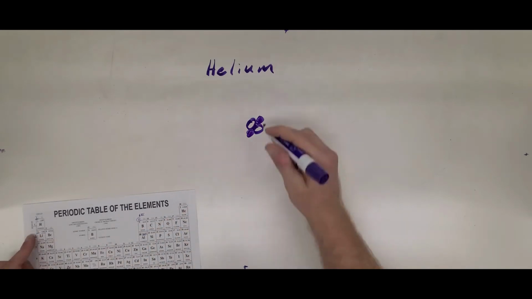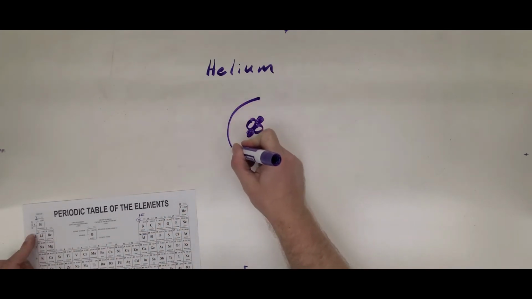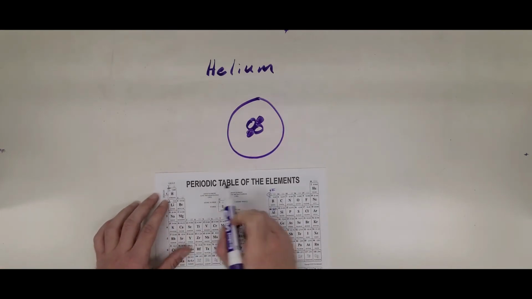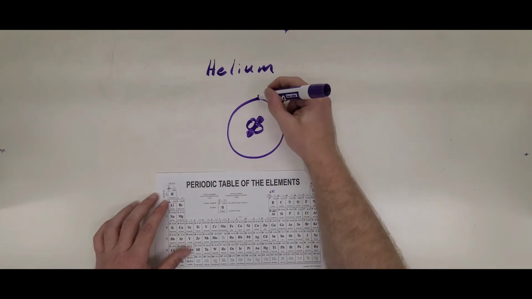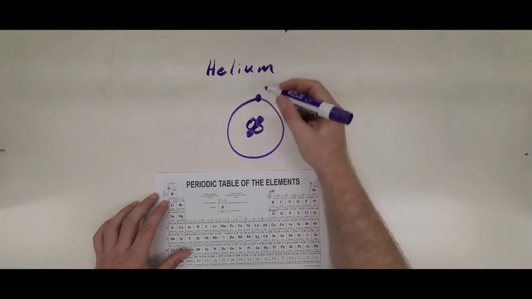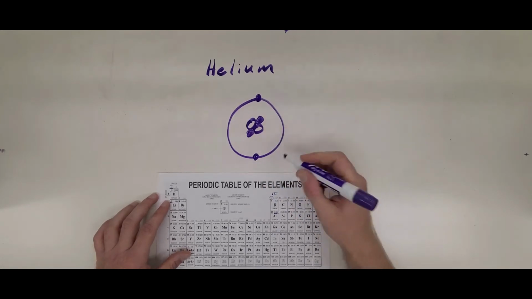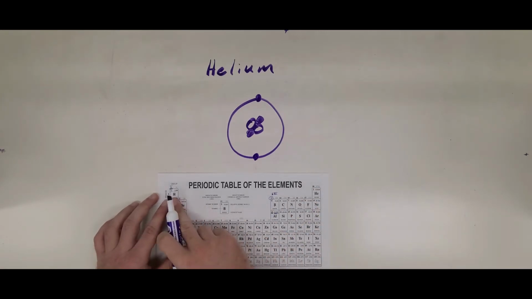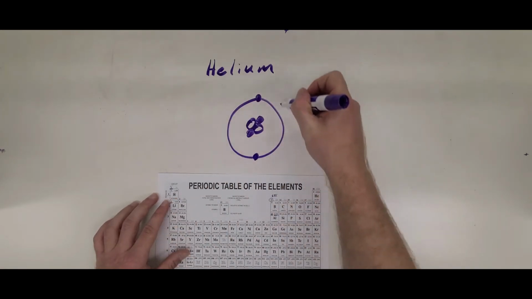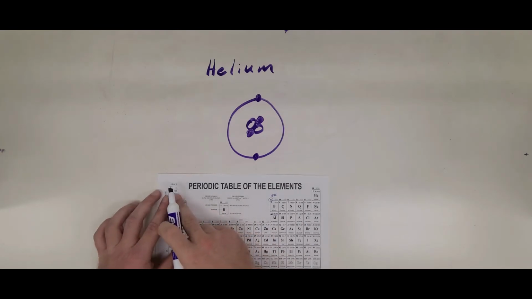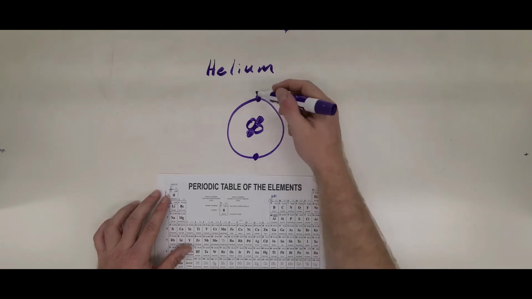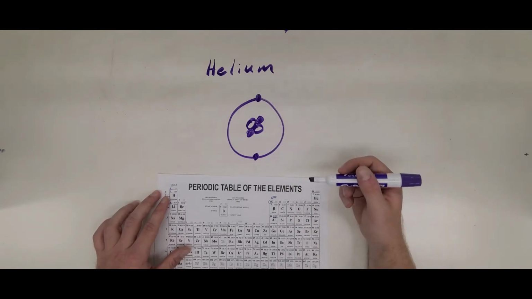And from the atomic number, we figured out that it has 2 electrons total, and since it's in period 1, that is that first row, it's only going to have 2 electrons in that one shell. 2 electrons total. Period 1 means it only has 1 energy level filled with electrons, and since it is the second element total out of the 2 elements there in that first row, it's going to have 2 electrons in that energy level. That's it.